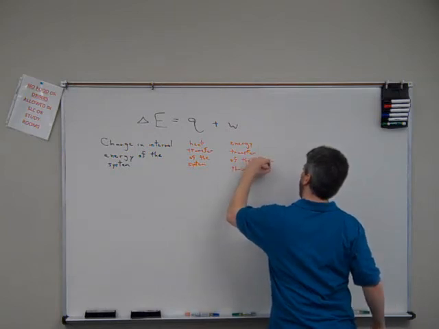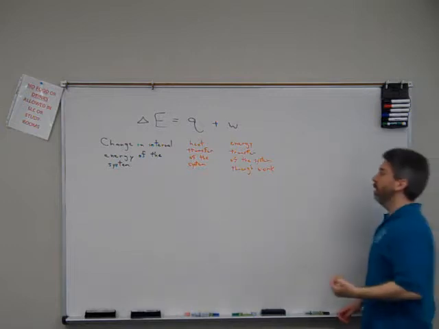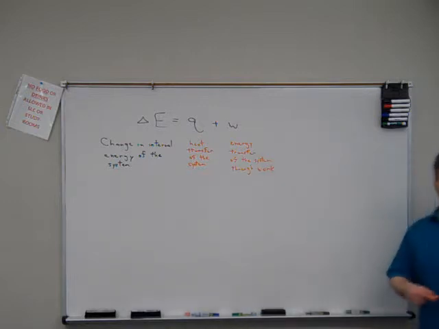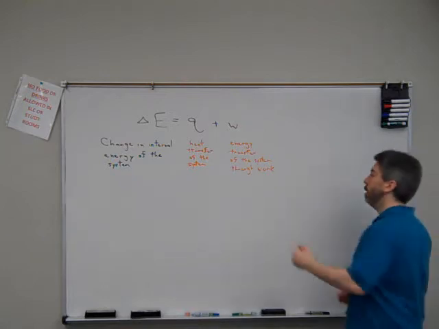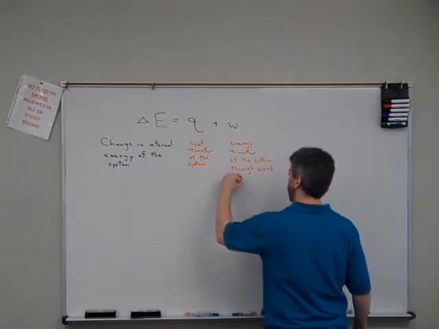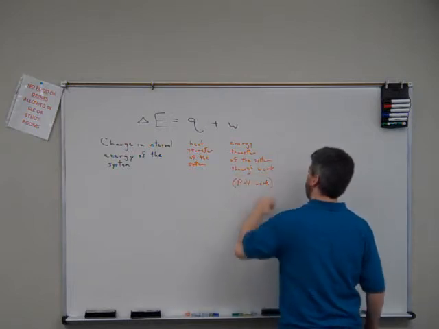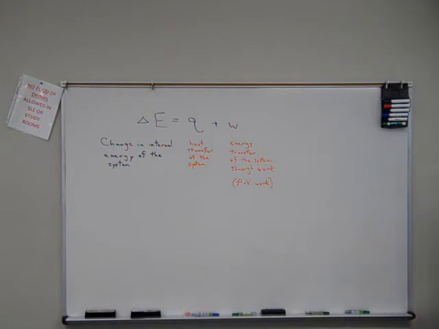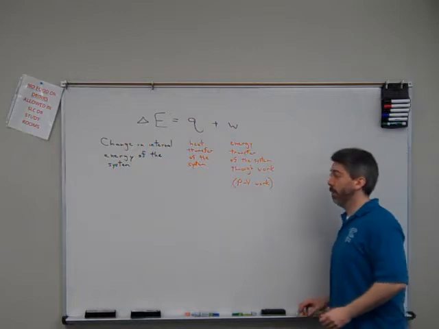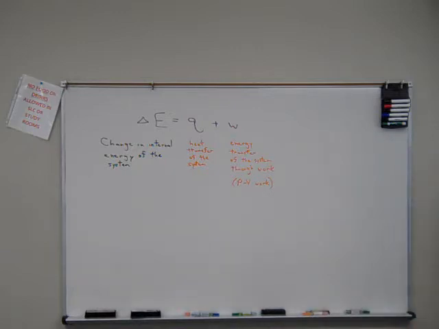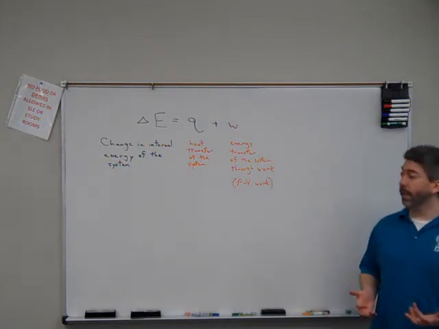Alright, energy transfer of the system through work. Okay, so this can either be work done by the system or work done on the system. And this work that it's referring to here is usually what's referred to as pressure volume work. It doesn't necessarily have to be explicitly pressure volume work, but the only cases we're going to be dealing with are pressure volume work. So now, Q and W can both be either positive or negative.